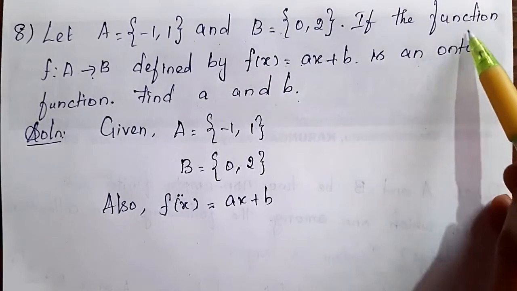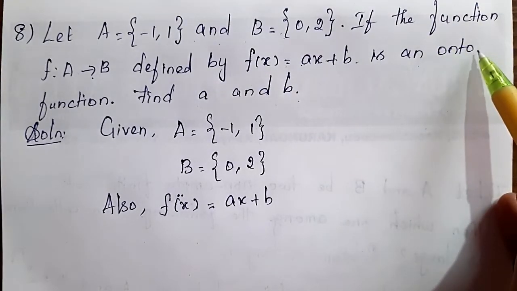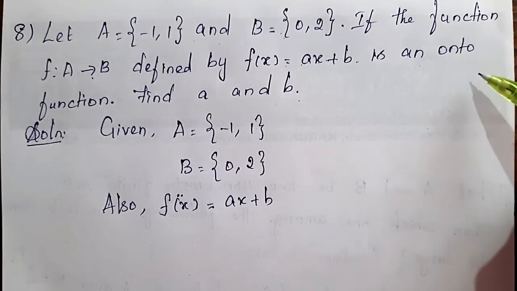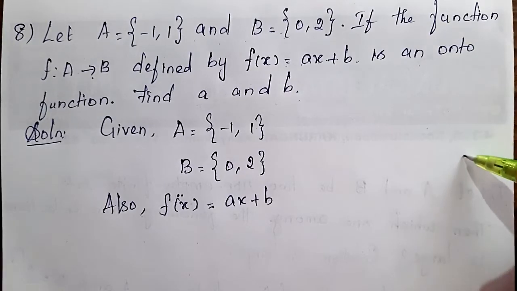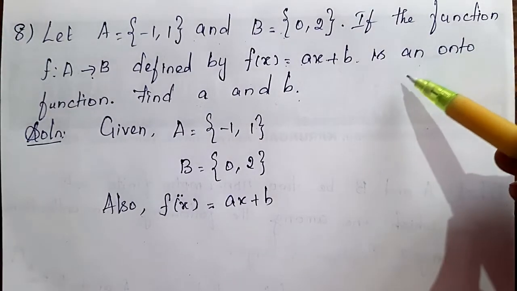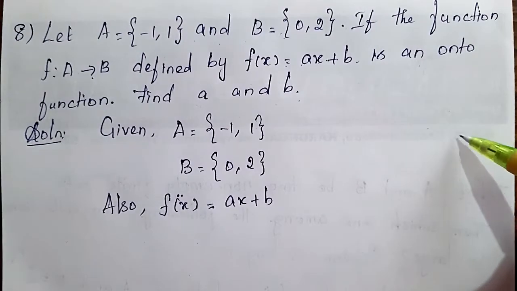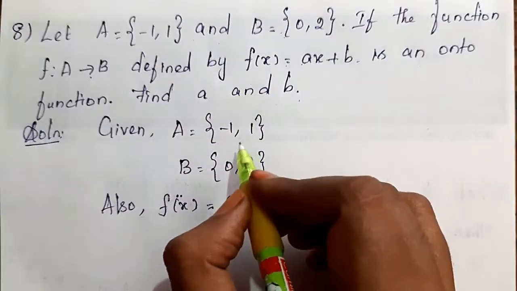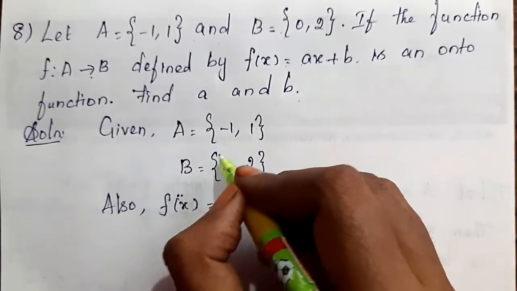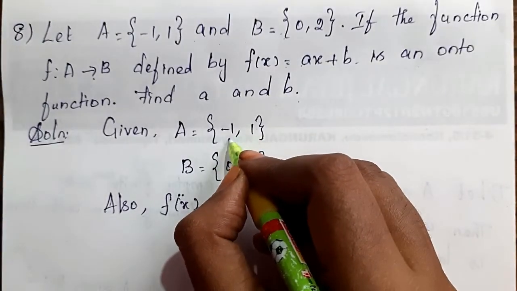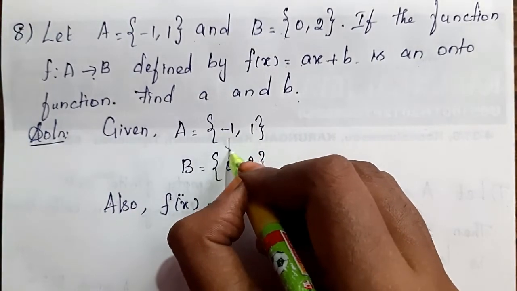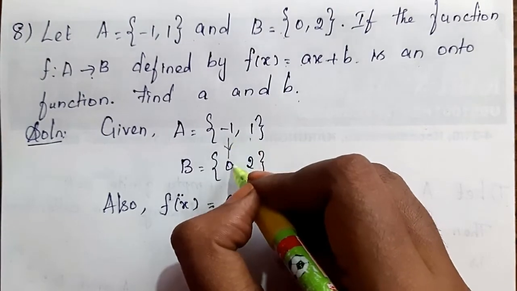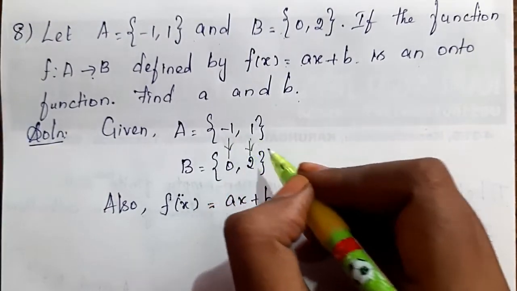So what is the meaning of onto? Onto means range equal to codomain. That means all the elements in the codomain have a pre-image. So if it is an onto function from A to B, sometimes -1 may map to 0 and 1 is mapping to 2.